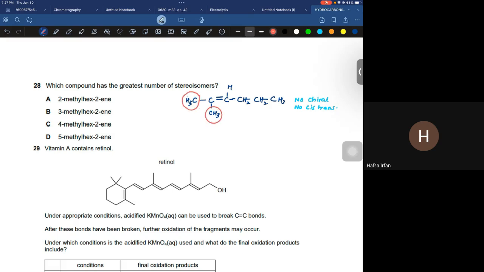So cis-trans is not possible. For cis-trans there should be a double bond, but not only the double bond, also different groups should be attached to the double bonded carbon atoms.